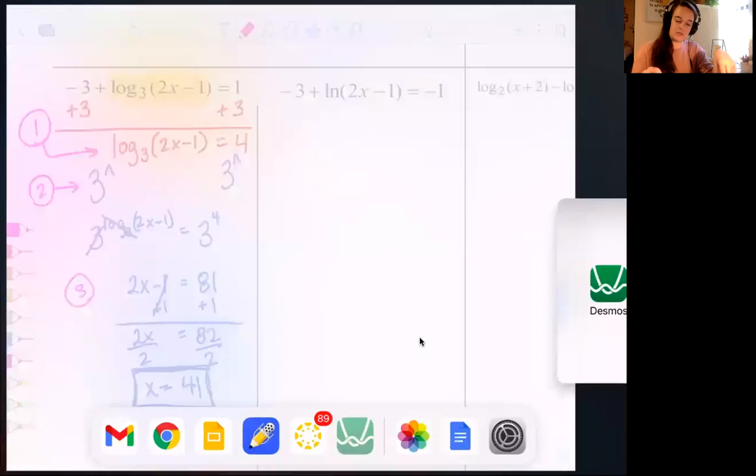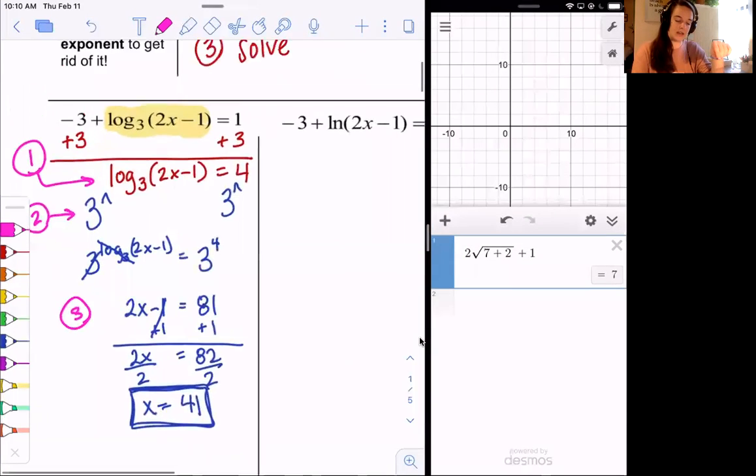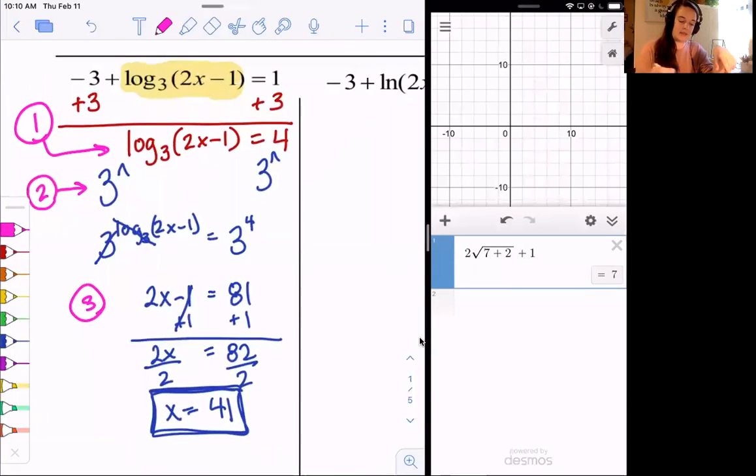So what I would do in order to check my answer here is I would go to my calculator. I'm going to type in the left side of the equation, this here, but I'm going to replace my x with the number 41 because that's what I think x is.